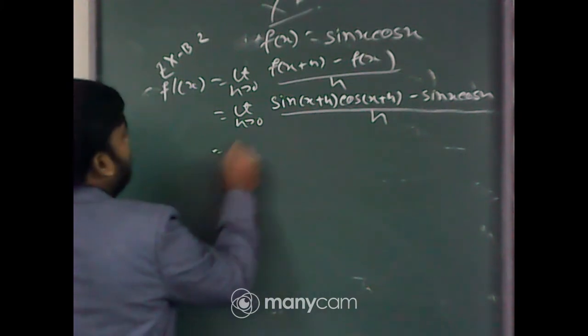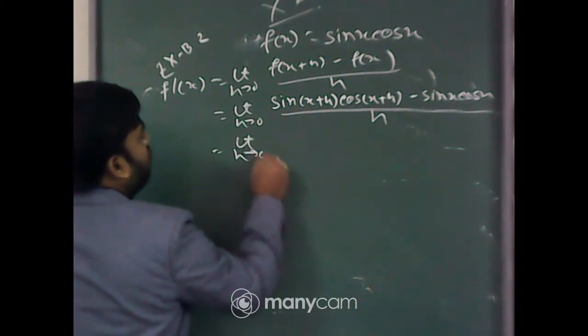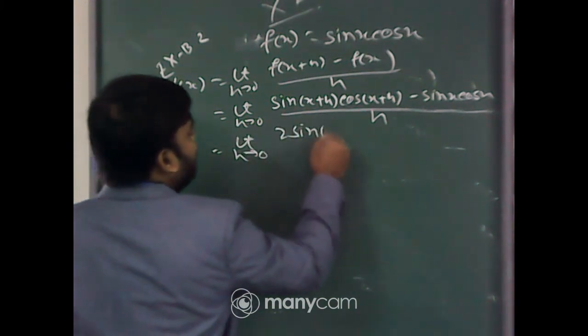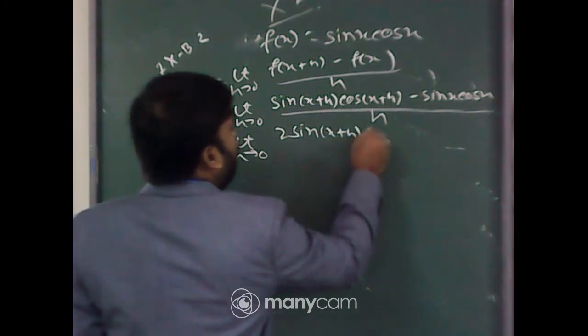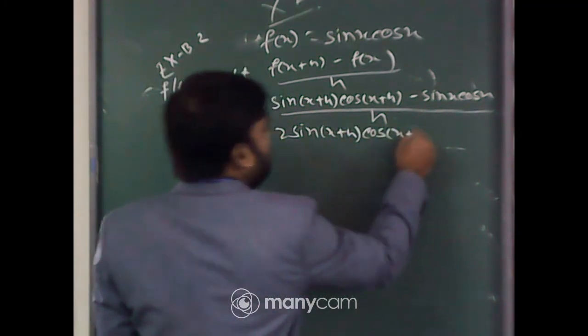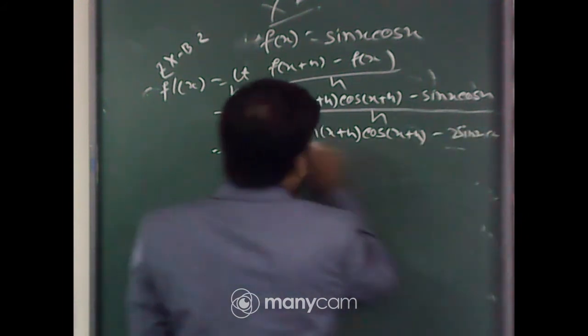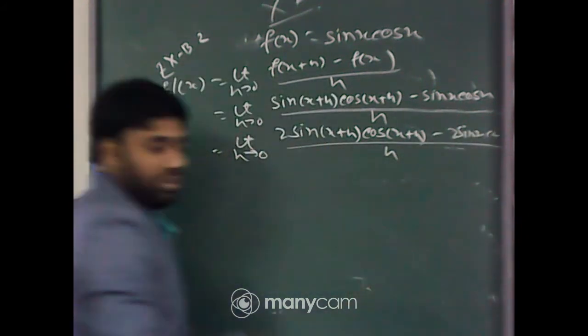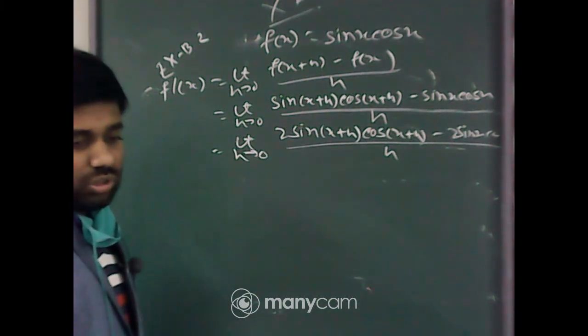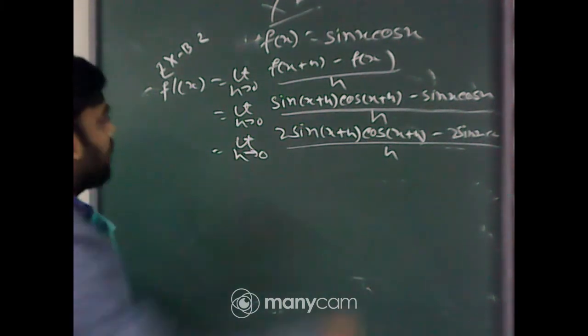So here limit h tends to 0, 2 sin(x+h) cos(x+h) minus 2 sin x cos x by h.